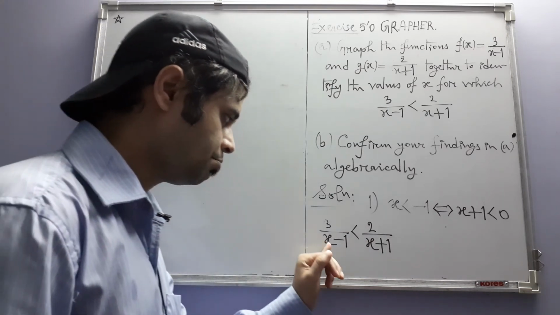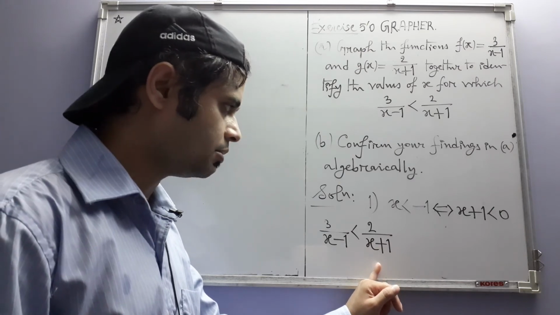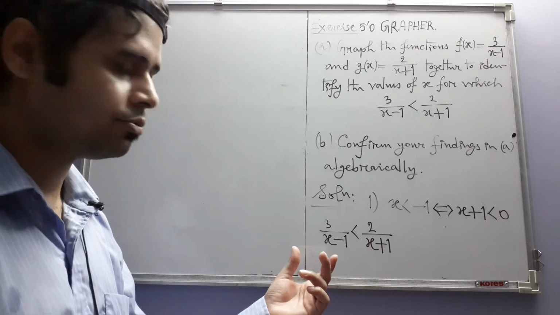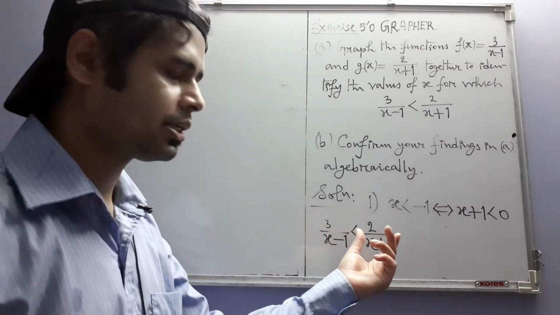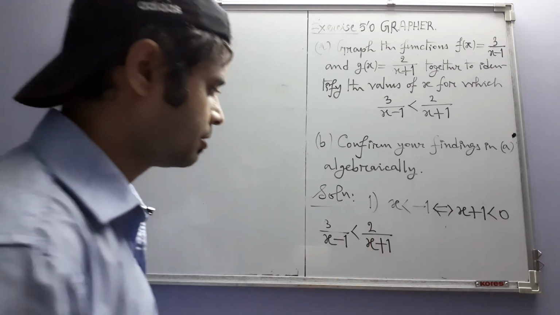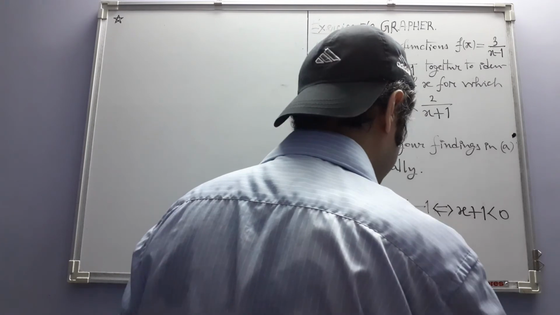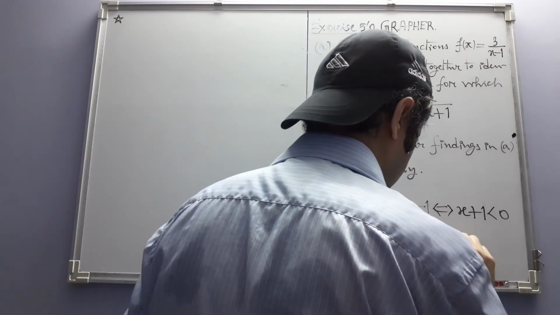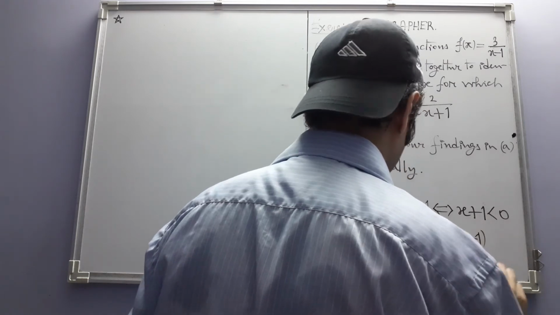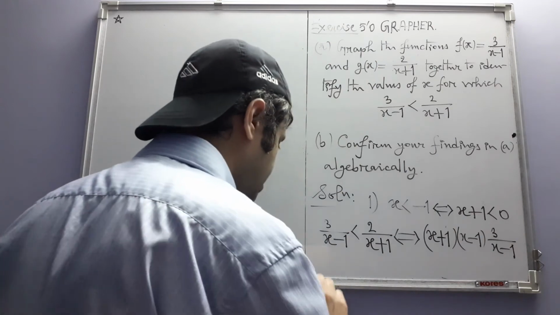So here both the denominators are negative. That means if we take their product, the product will be positive, and if we multiply both sides by that product, the inequality will not change direction. So multiplying both sides by x plus 1 times x minus 1, the inequality stays the same.